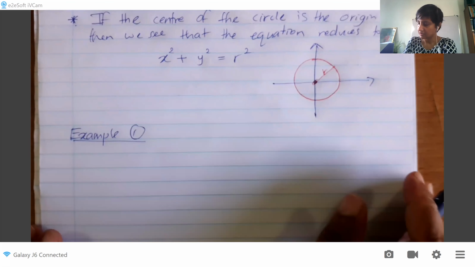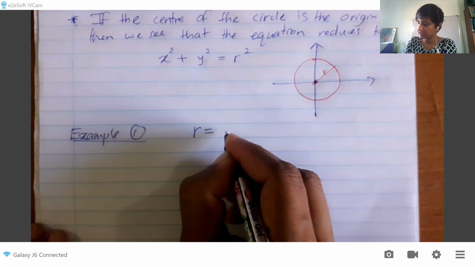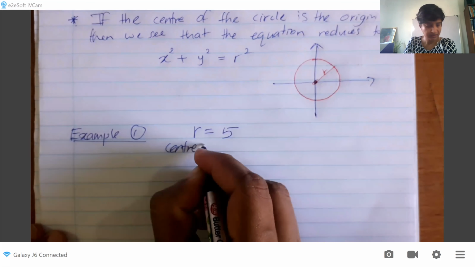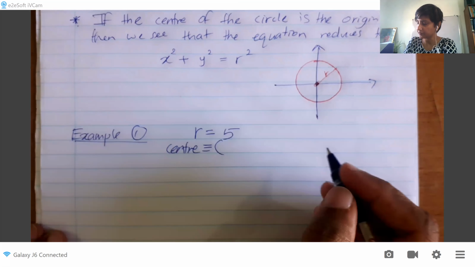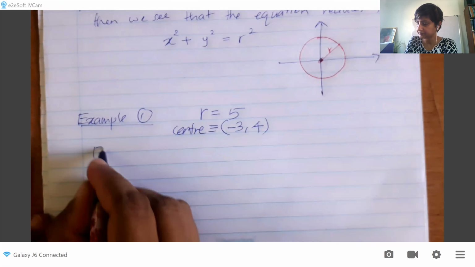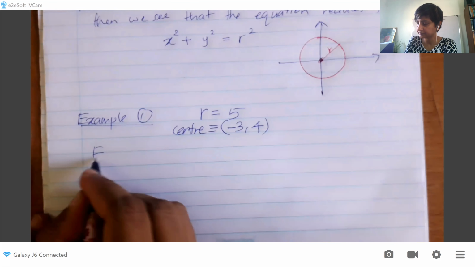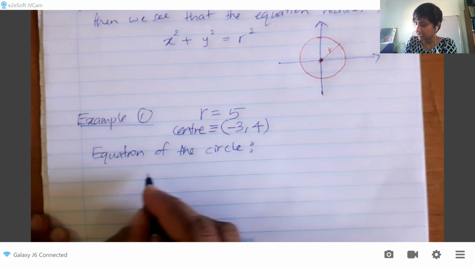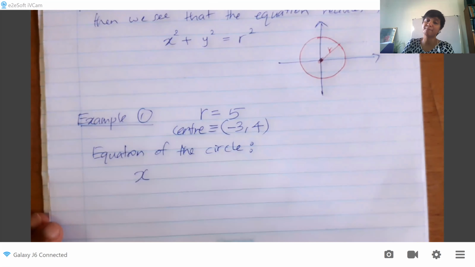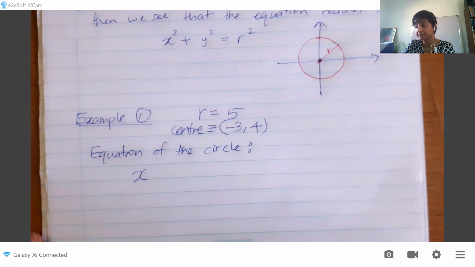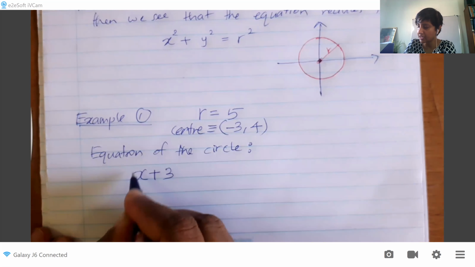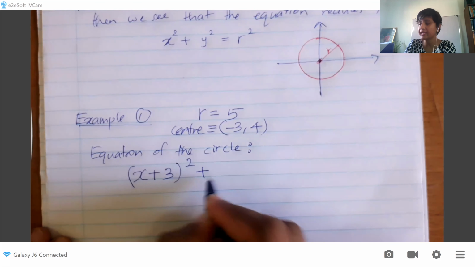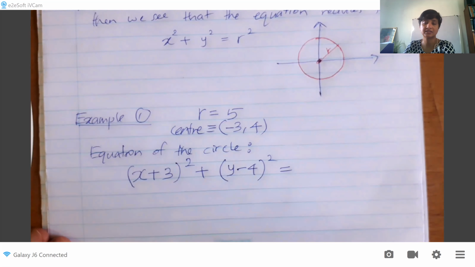Example 1, R is 5, center is -3, 4. So the equation of the circle you can write as x minus -3, so that's x plus 3 squared, plus y minus 4 squared equals 5 squared, so that's 25 here.